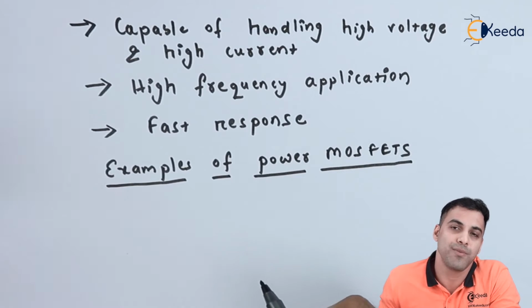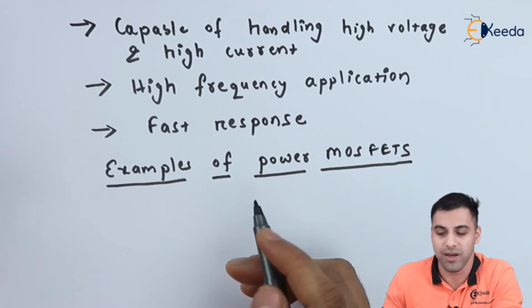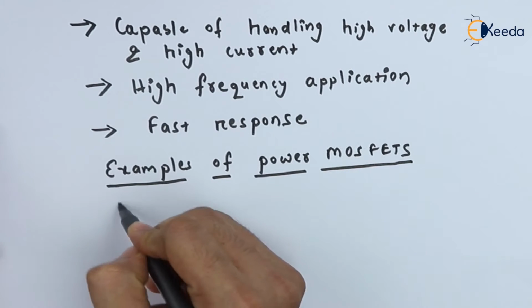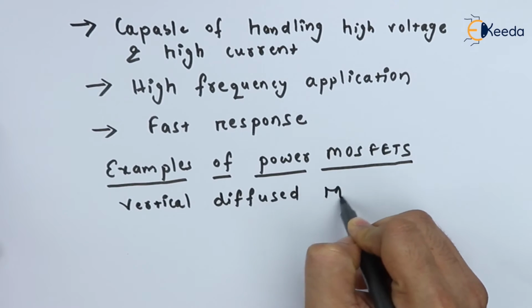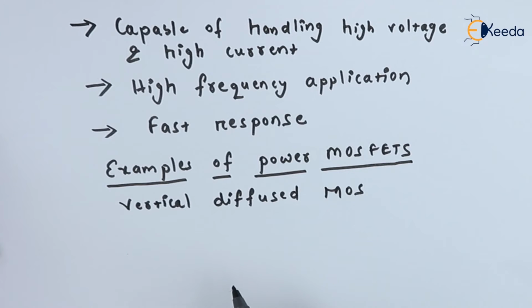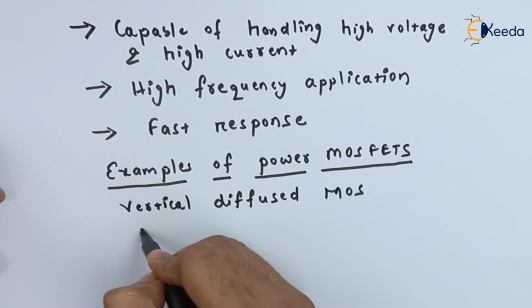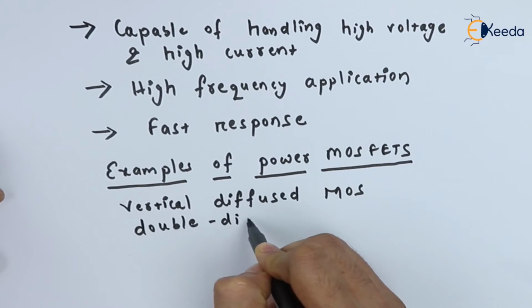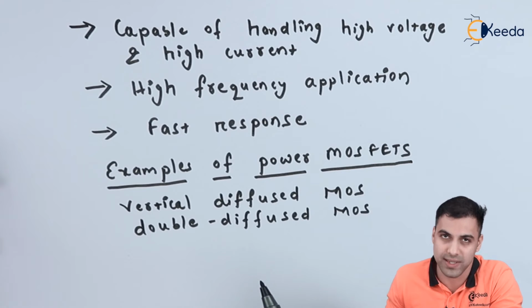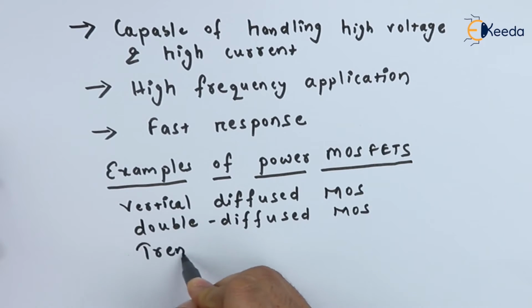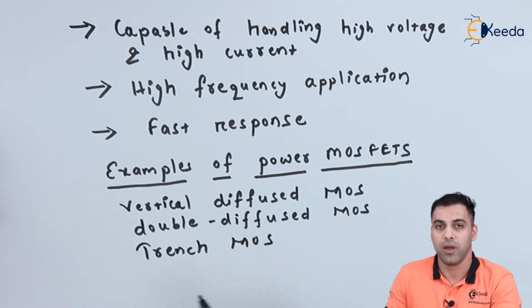So there are various types of power MOSFETs, friends. Some of them I'm naming here. Number one would be vertical diffused metal oxide semiconductor, and number two would be double diffused metal oxide semiconductor, trench metal oxide semiconductor, and so on.